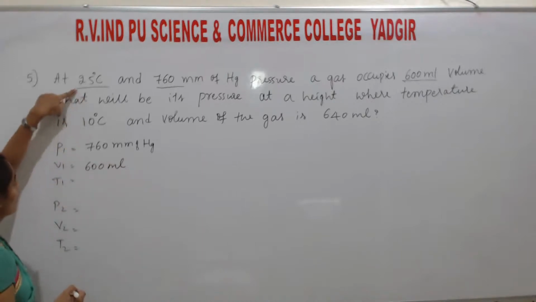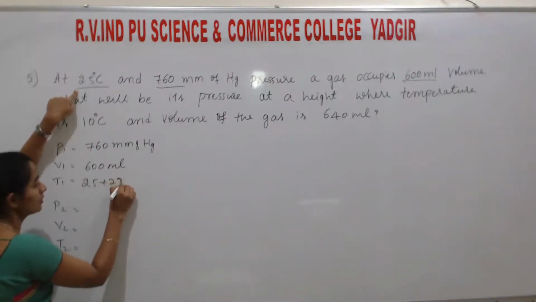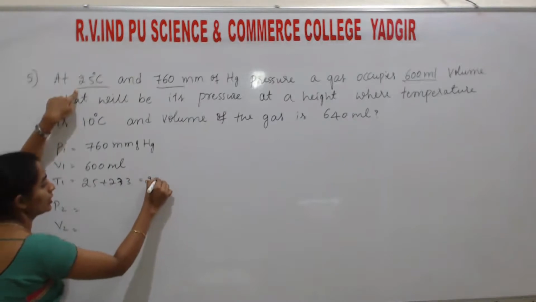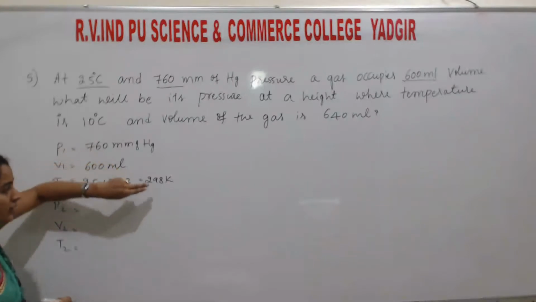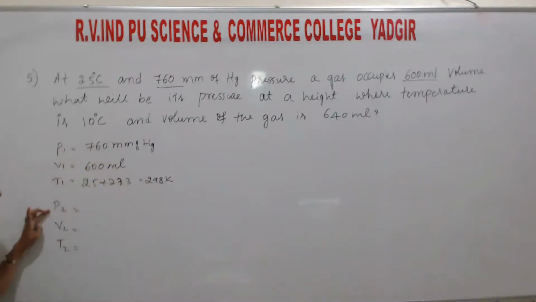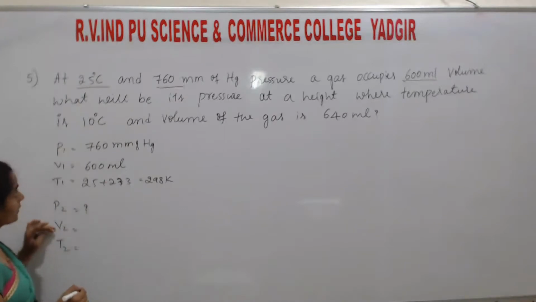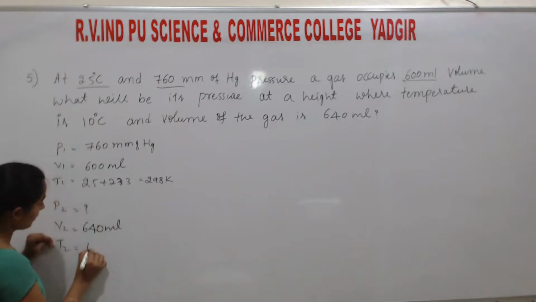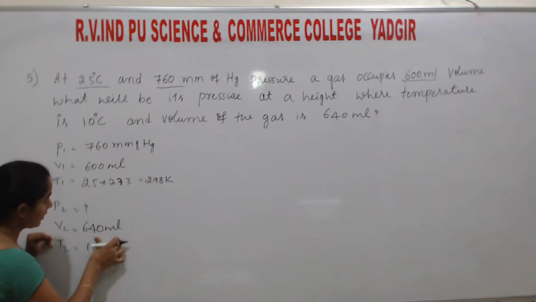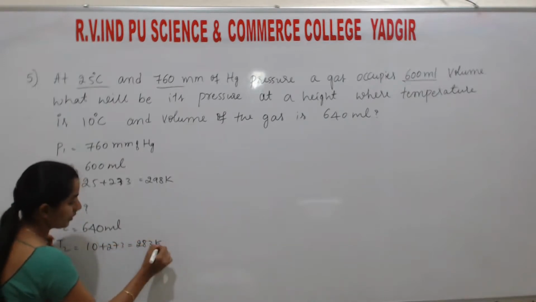Next, temperature 25 degrees Celsius plus 273 means 298 Kelvin. That is T1 value. P2 we have to calculate. What will be its pressure? Next, V2 value is 640 ml. And the given temperature 10 degrees Celsius means 10 plus 273, that is 283 Kelvin.